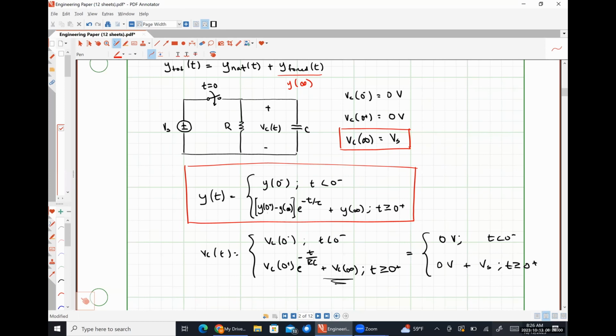That being said, you can apply the total response equation and analysis to a natural response question, and you're still going to get the right answer, because in a natural response system, your forced response is just 0, because all of your signals decay down to 0 since there's no sources left in.